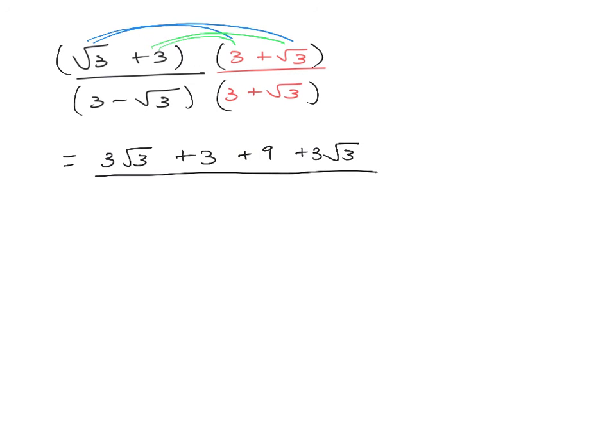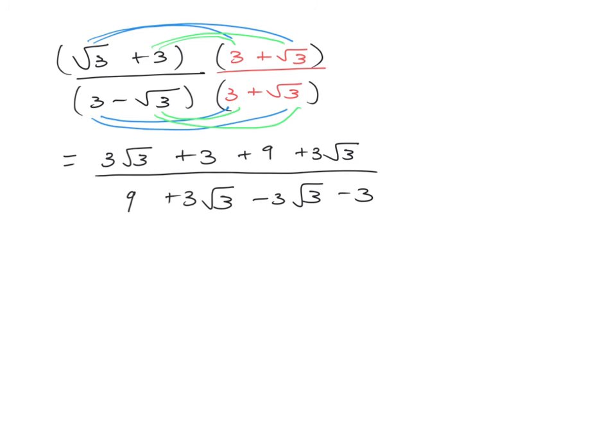In the denominator, okay, I have 3 times 3, which is 9. 3 times root 3 is 3 root 3. We then have negative root 3 times 3, which is a negative 3 root 3. And negative root 3 times positive root 3 is negative 3.